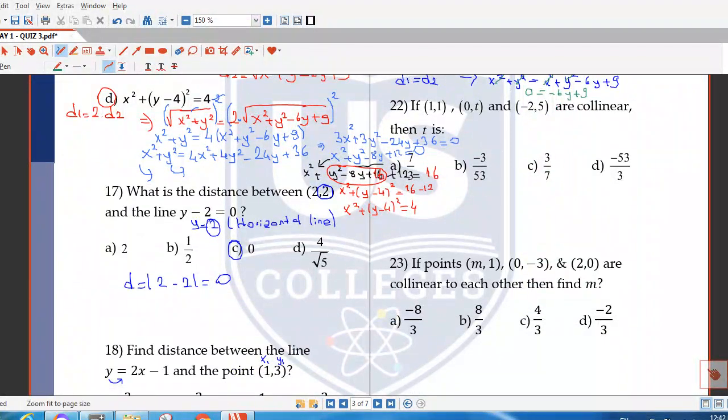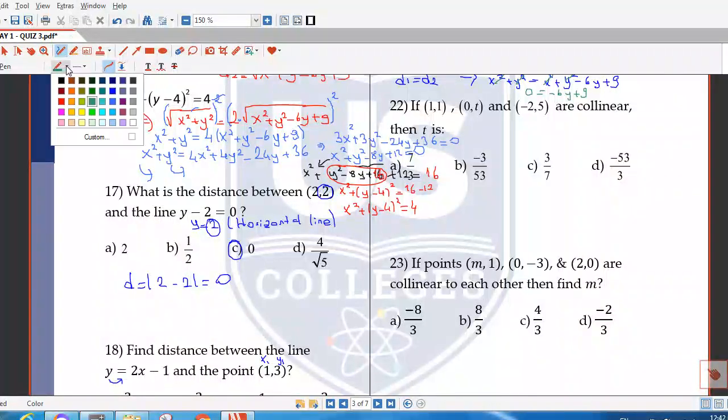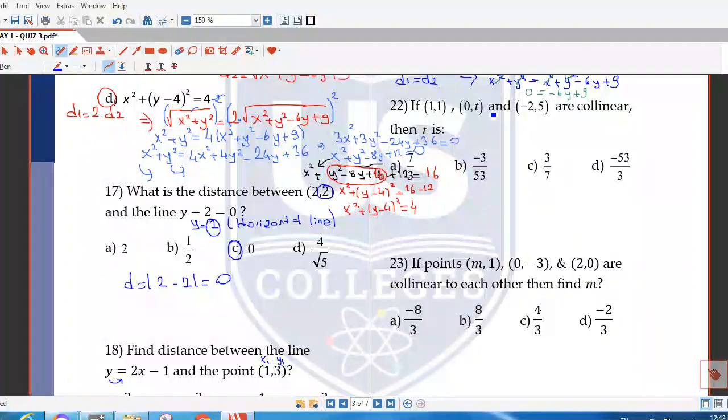Question 22 is about finding unknown if points are collinear. Collinear points will have the same slopes. If I take point 1 and 2, and 1 and 3, and equalize their slopes, the first slope, by using first and second point, difference of y coordinates t minus 1 over 0 minus 1, is t minus 1 over minus 1.